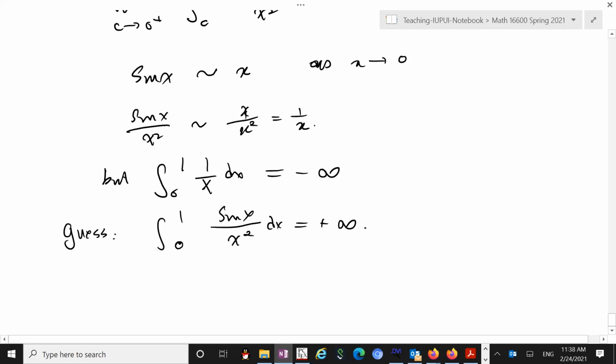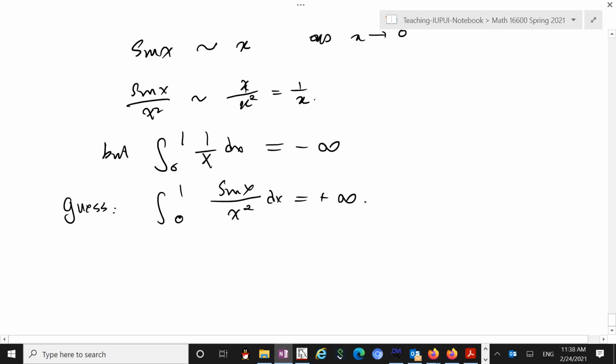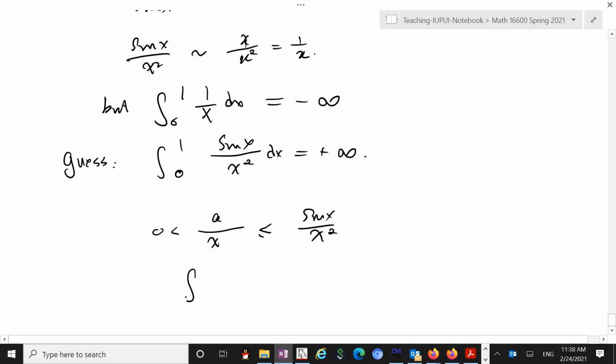So in order to prove this is infinite, I have to show something like this: sine x over x squared should be greater than some positive number times 1 over x. Then this side is positive, and if this is infinity, then the other one must be infinity, right?